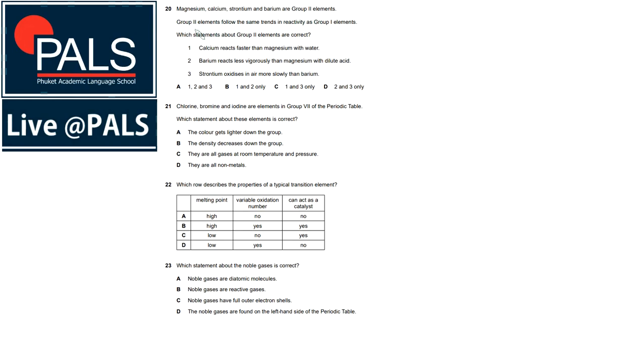So this is about reactivity series in a group. They follow the same trend as in group 1. That means you can check the periodic table. We see that the order of elements in this group is magnesium over calcium, over strontium, Sr, and over barium.